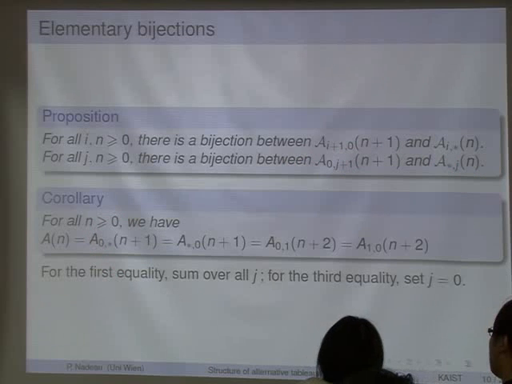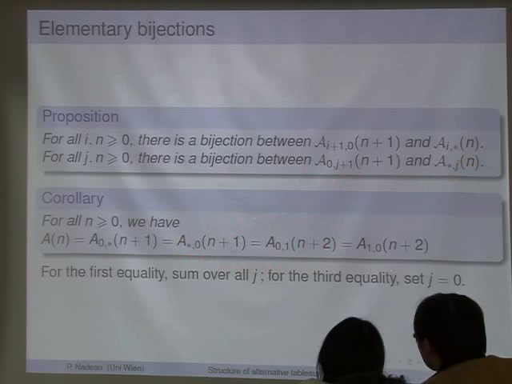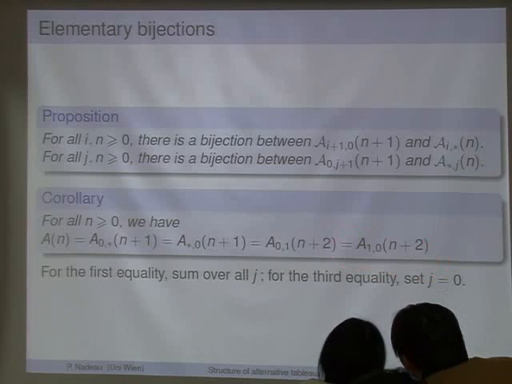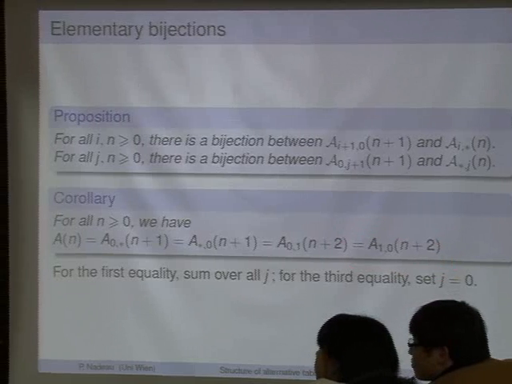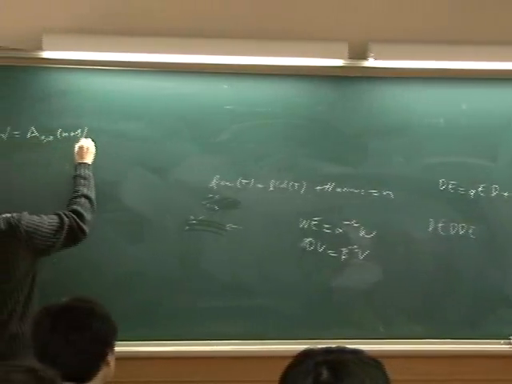This is after transposition, of course: free rows become free columns, etc. And then if you take j equals 0 here, you have A_01 of n plus 1 equals A_star_0 of n. If you shift by 1, you have exactly this one, and then after transposition, this one. Maybe I should write this down because it's very elementary, but it gives some relations between different kinds of tableaux according to whether there are free rows or free columns.